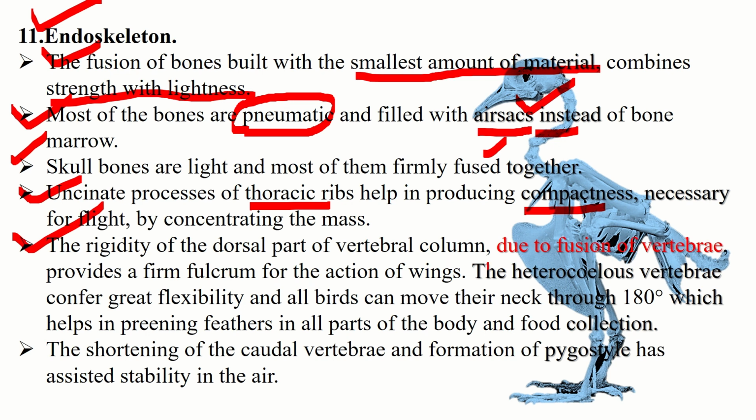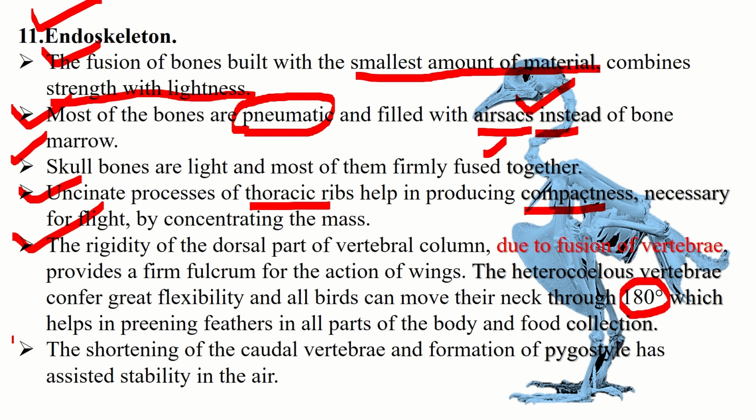The heterocoelous vertebrae confer great flexibility, and birds can move their neck through 180 degrees, which helps in preening feathers in all parts of the body and in food collection.